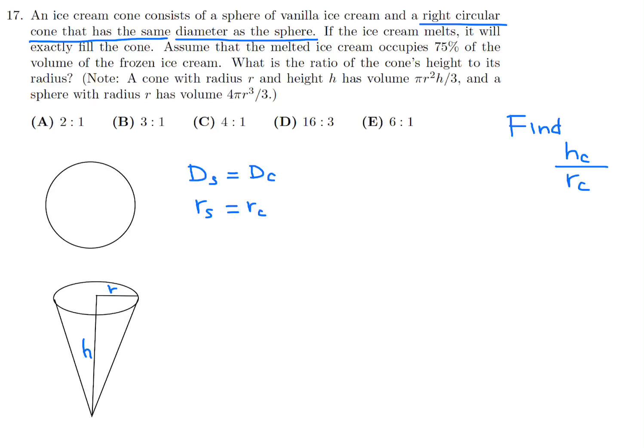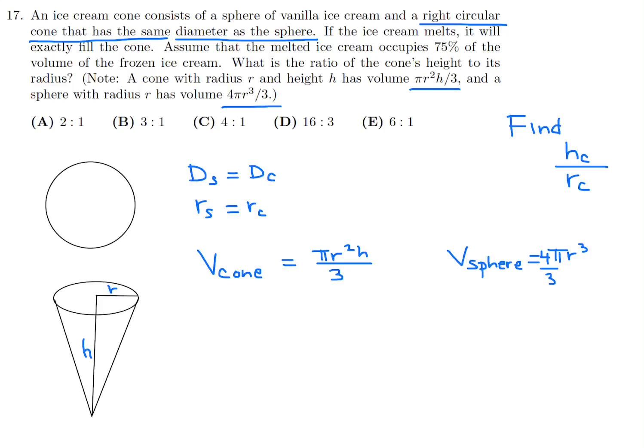Here we go. Volume of the cone. And they've been very nice and given us the actual formulas, just in case you didn't remember. Volume of the cone is pi r squared h over 3. And the volume of the sphere is pi r cubed, with 4 over 3 as the coefficient.